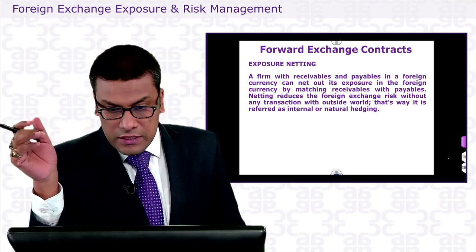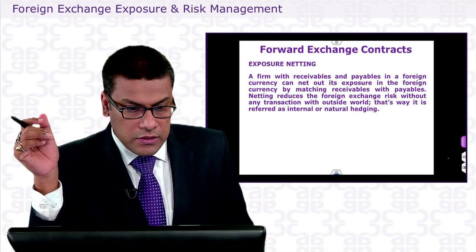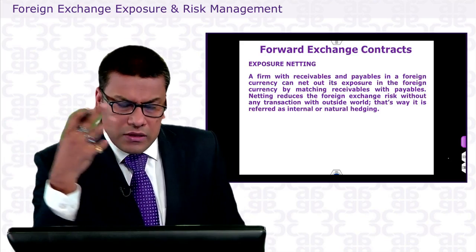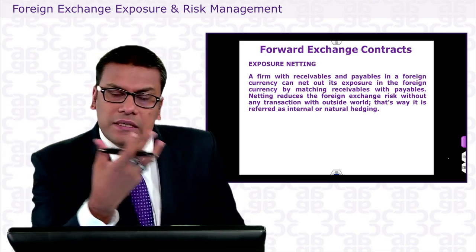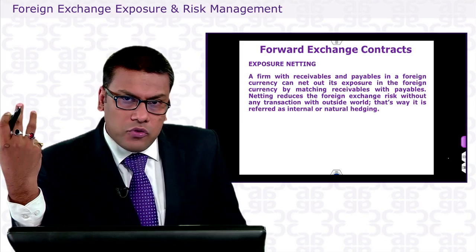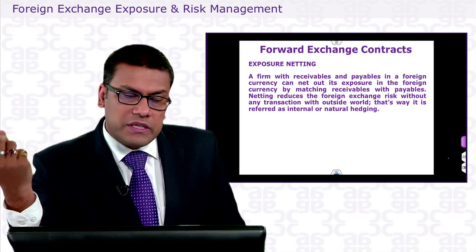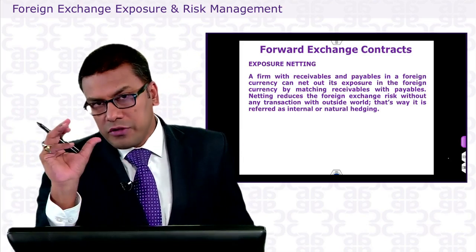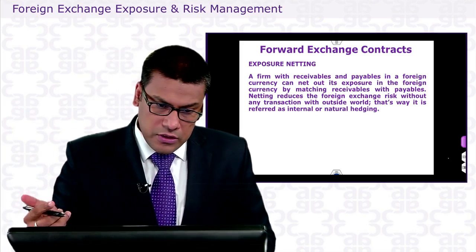So that's another natural technique of hedging, basically just negating the inflows and outflows, the receivables and payables, then seeing what your net obligation is, and that net obligation can be protected using a forward contract. Okay, so that is what is called exposure netting.